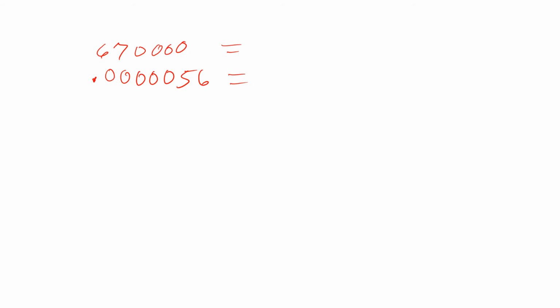That would be 6.7 times 10 to the, and the decimal was here, we had to move it 1, 2, 3, 4, 5 places, so 10 to the 5th. A small number is going to be a little bit different.